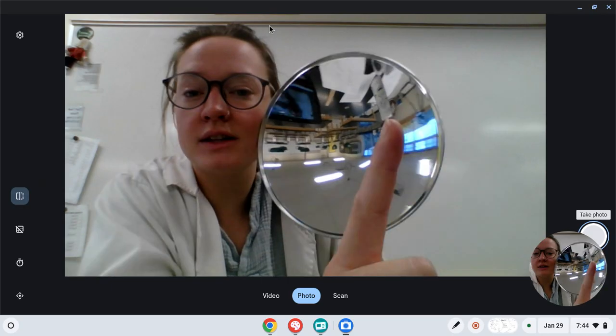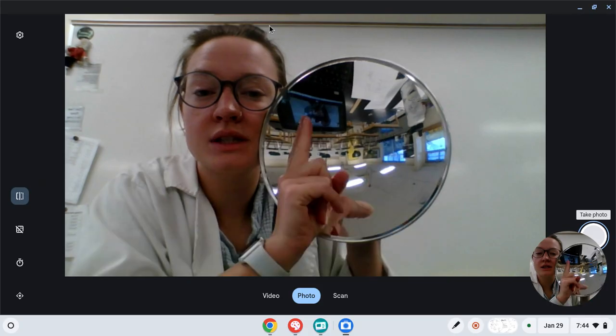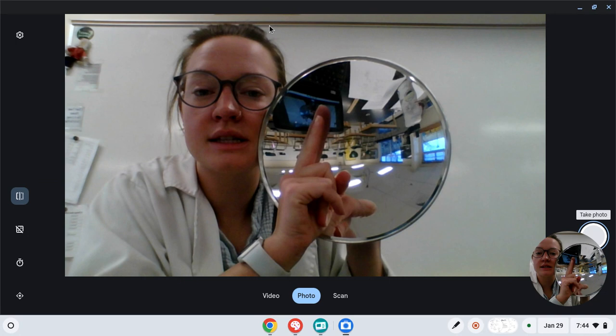If it's far away, you get a reduced in size image that is inverted, but nice and close, you get enlarged in size like this that is upright.